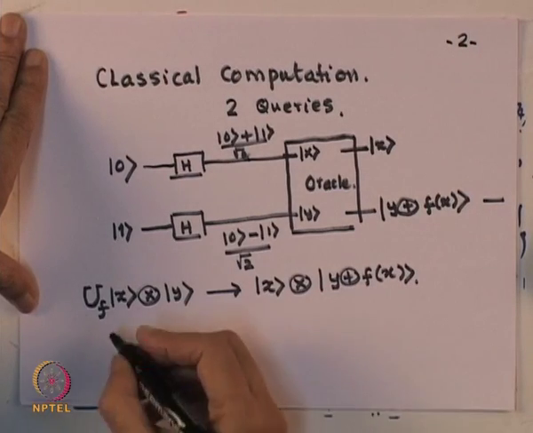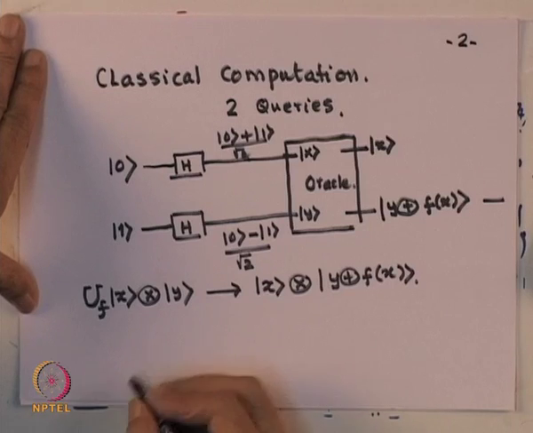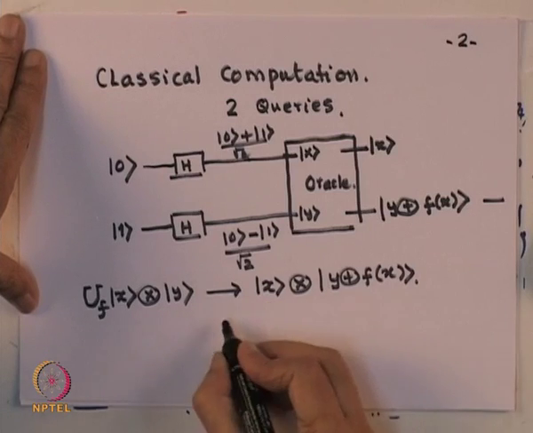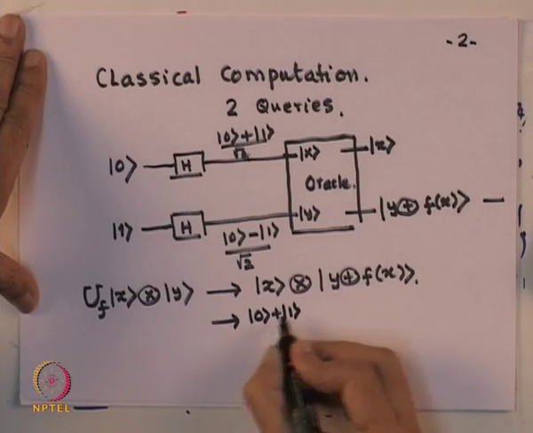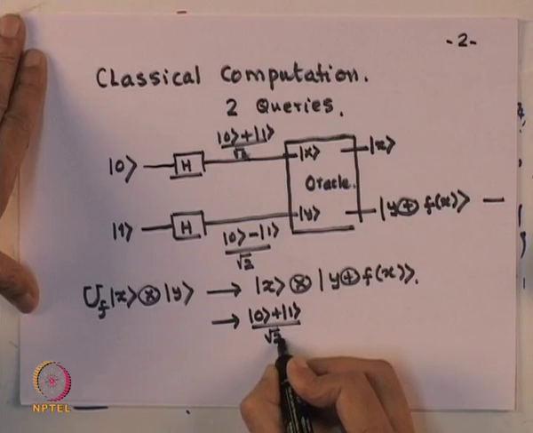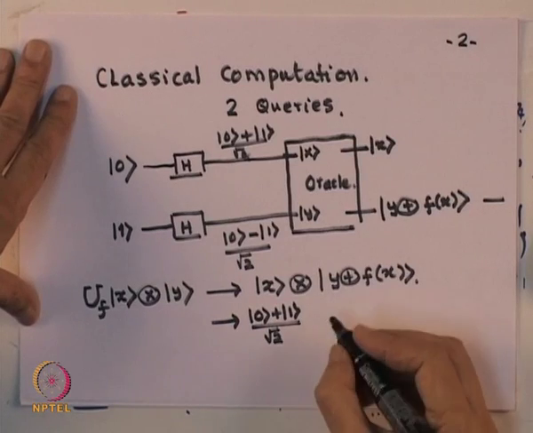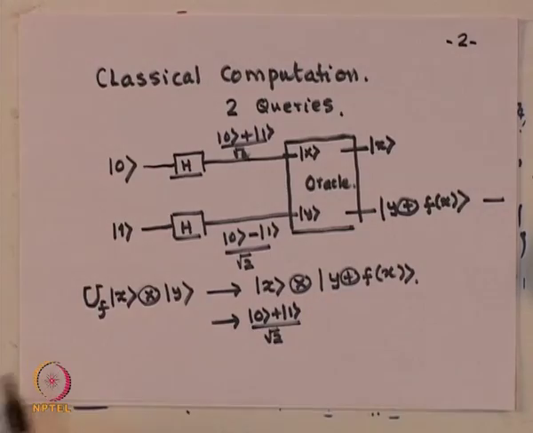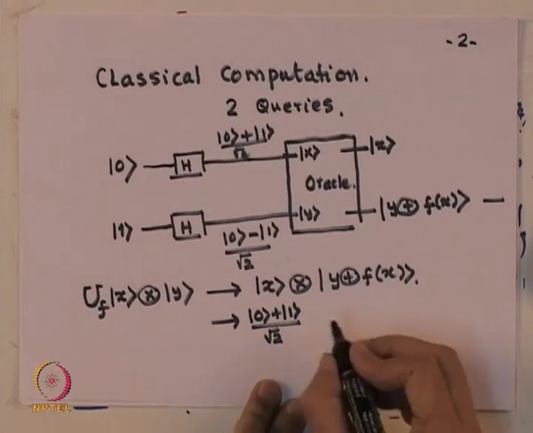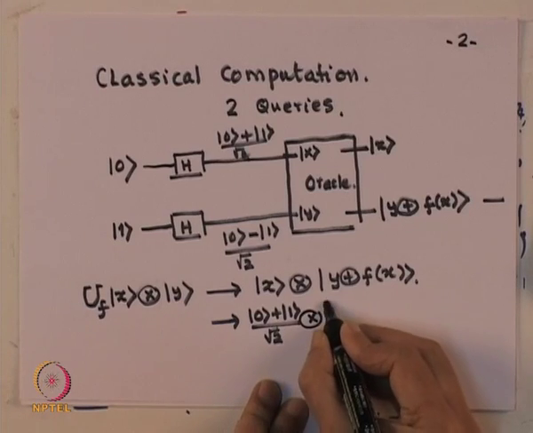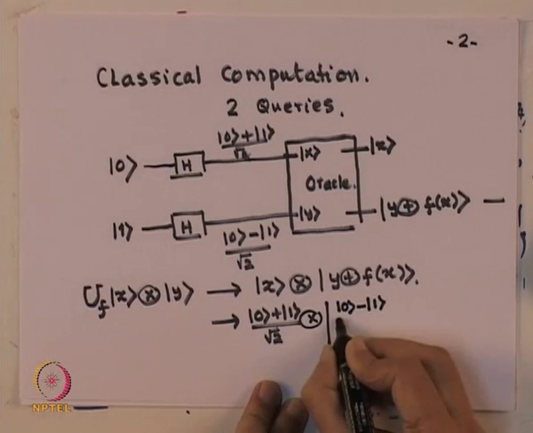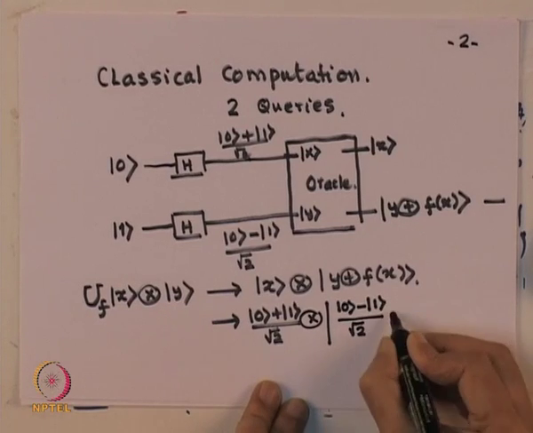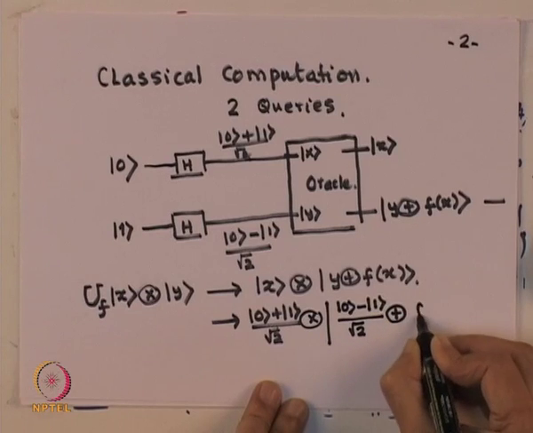Now since my input register contains X, my X is going to be (0 plus 1)/root 2. This is my input. Now let us look at what I have in the output register. This Y is (0 minus 1)/root 2, addition modulo 2 with f(x).